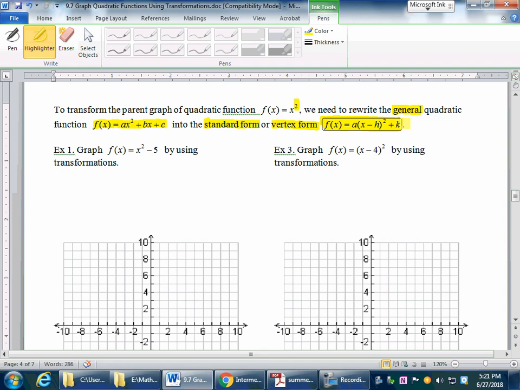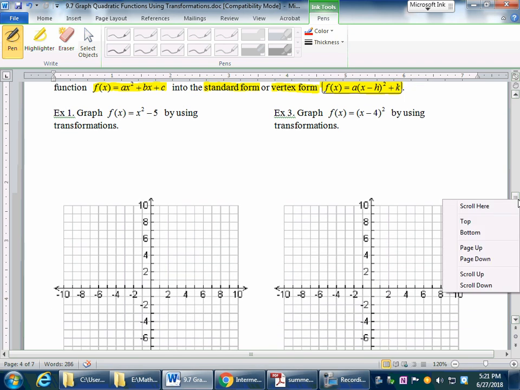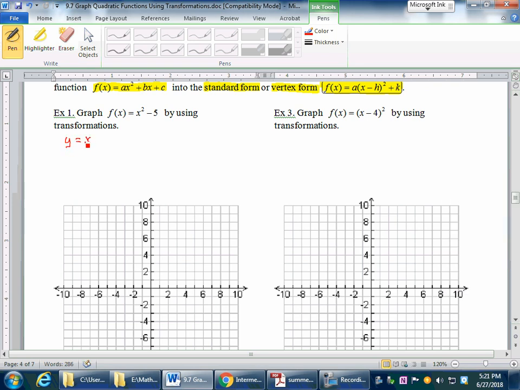So what we want to do is use the transformations to graph this. So first of all, for example 1, that is in transformation format already. You can see that my parent's graph is y equal to x squared, right?